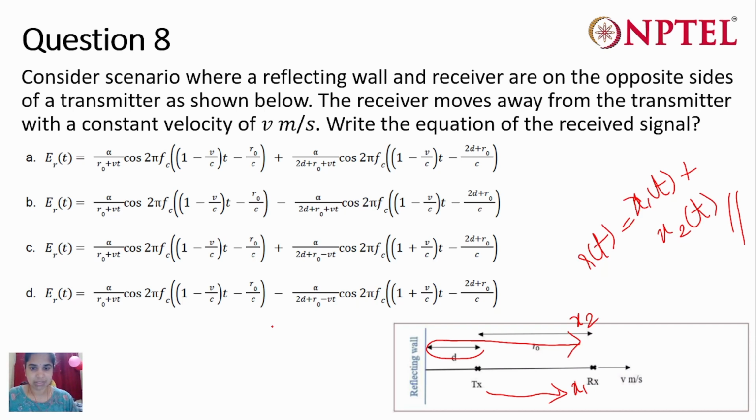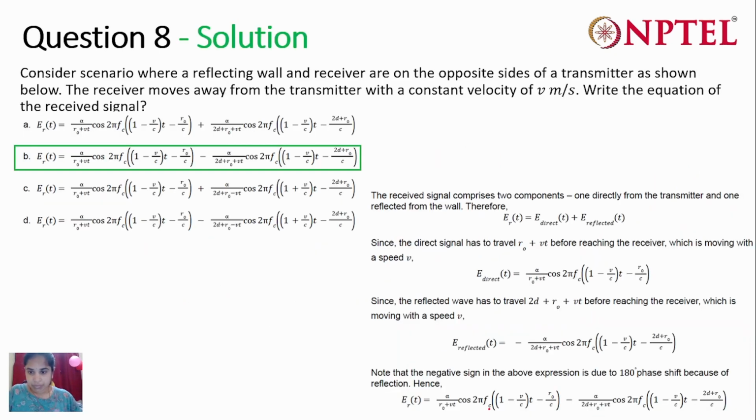Okay, we will see the answer. At the receiver, whatever we'll be getting will be the sum of the direct signal and the reflected signal from the reflecting wall. So let's see how we got the direct signal.